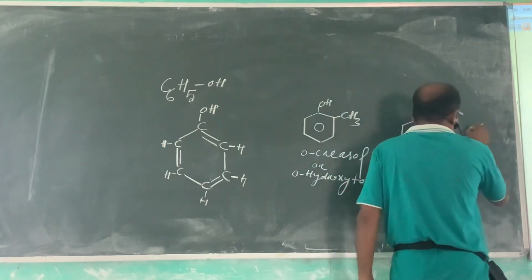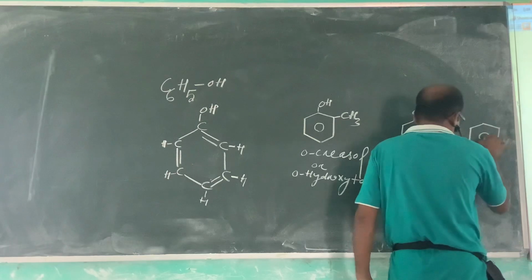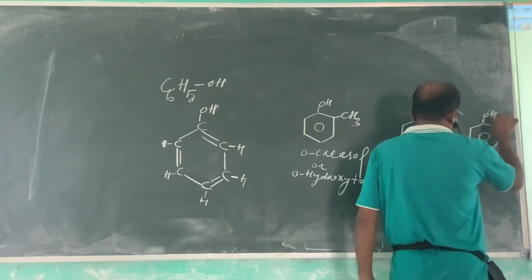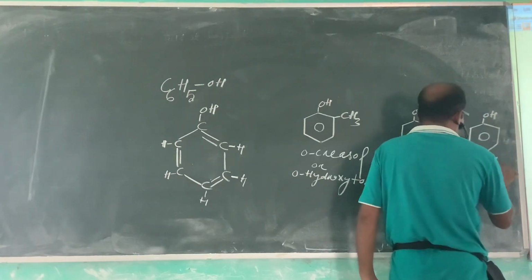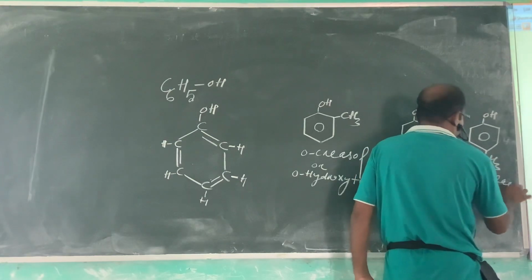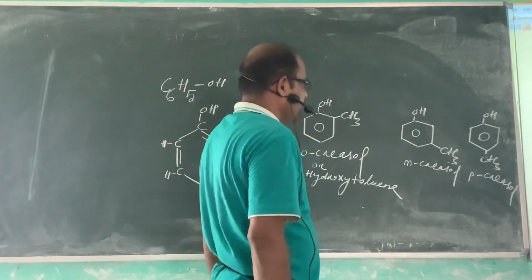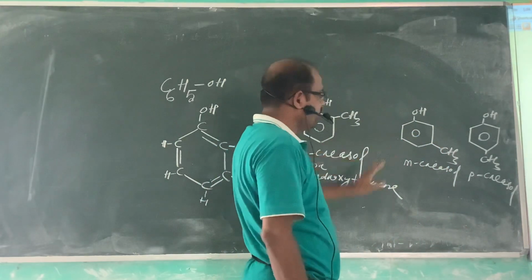This compound is called parahydroxy toluene or paracresol. These are substituted phenols.